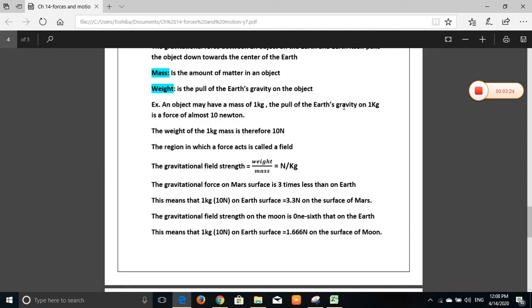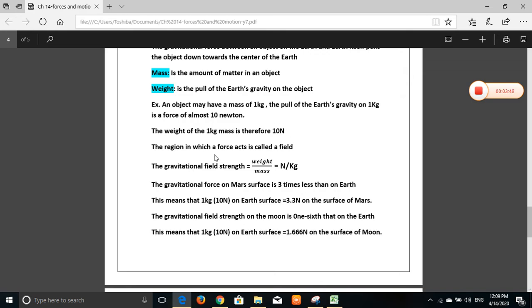The pull of Earth's gravity on 1 kilogram is a force of almost 10 Newton. So the weight of a 1 kilogram mass is almost 10 Newton.